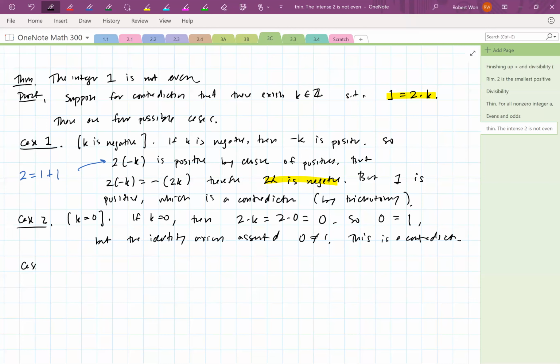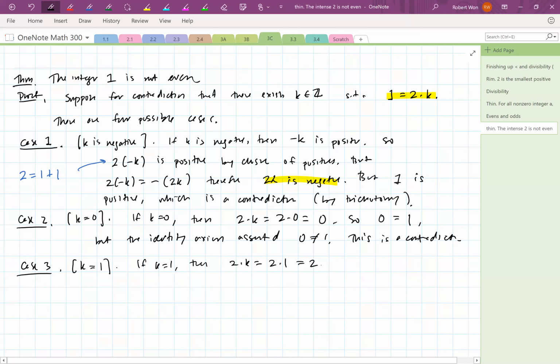Okay. Case 3, let's say that k equals 1. So I'm going to handle this case differently from the rest of the positive numbers. If k equals 1, then 2 times k is 2 times 1. That's 2, because 1 is the multiplicative identity, which means that 1 equals 2, right? Because 2k is supposed to equal 1.